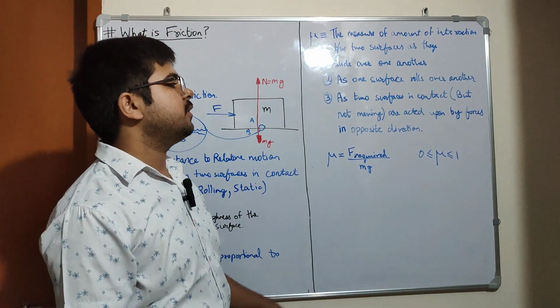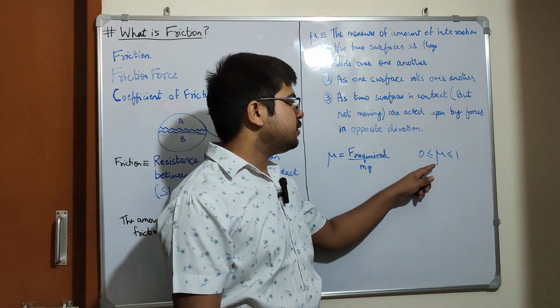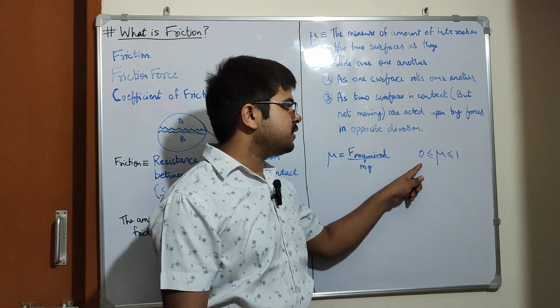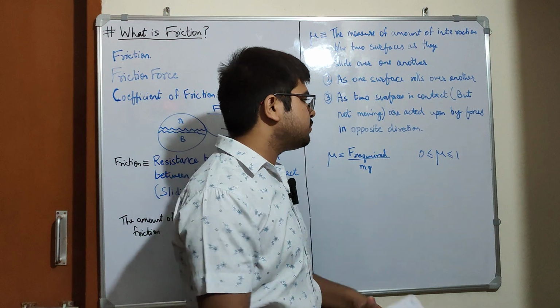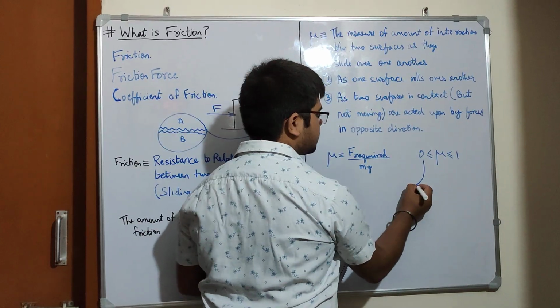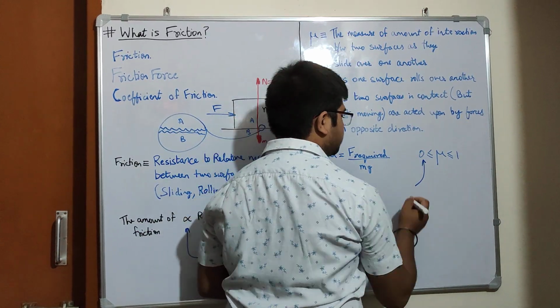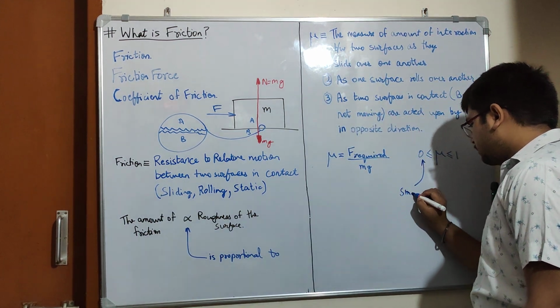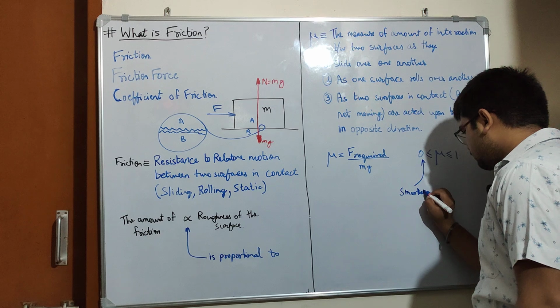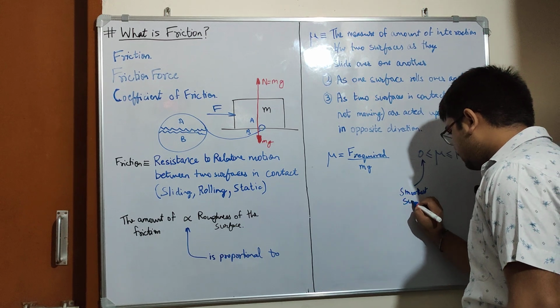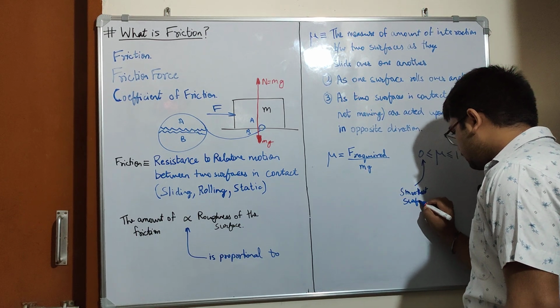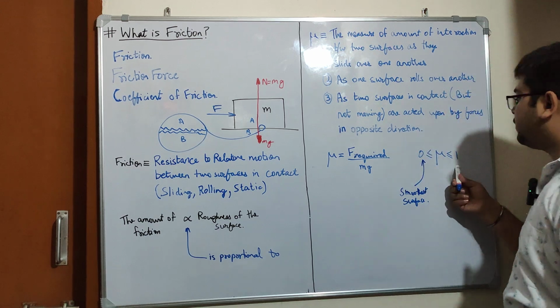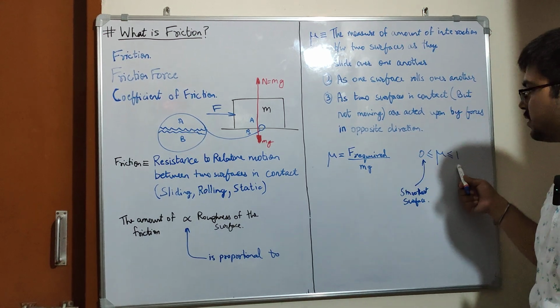And mind you, one important note is nu varies between 0 and 1. 0 is the smoothest surface, and 1 would be a very rough surface.